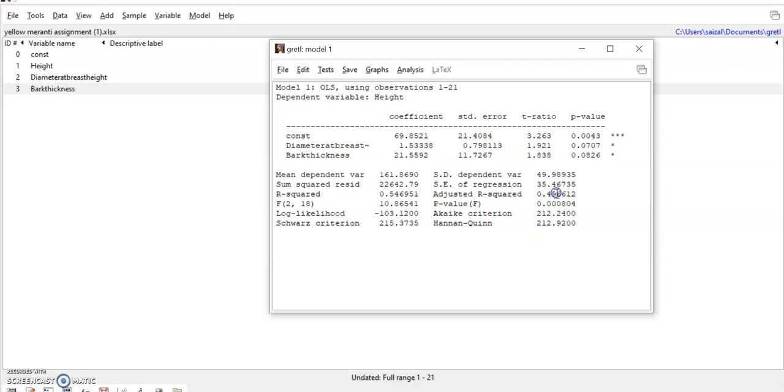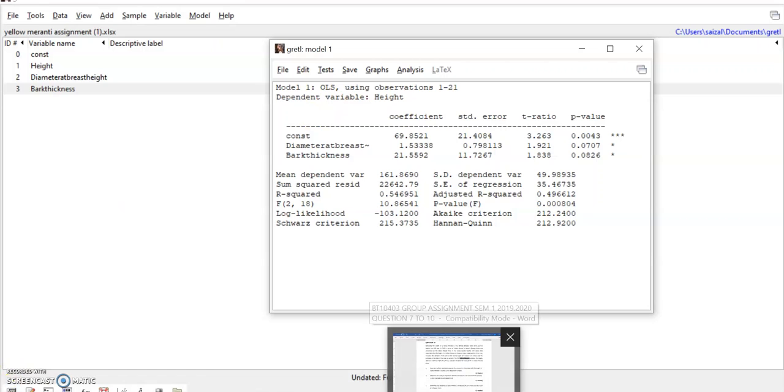So here we have 49.66%. It means that 49.66% of the variance for the height of yellow Moranti is explained by the diameter as well as bark thickness of the yellow Moranti. So that's the thing that we need to know.